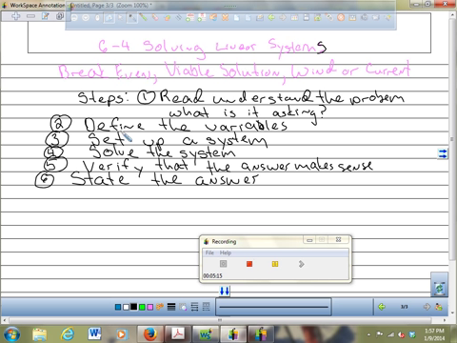Another car starts off at 10 miles an hour and accelerates at a rate of 3 miles per hour per second. When will these two cars have the same speed? Well, it might turn out that they have the same speed when they're both going 700 miles an hour, or it might turn out that they're both going the same speed at -3 hours. Would either of those answers make sense? No.